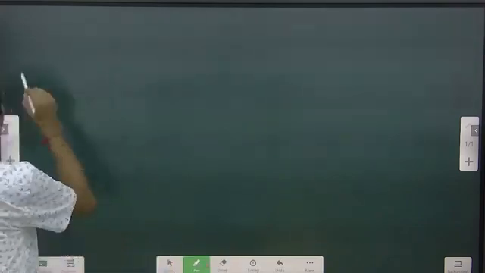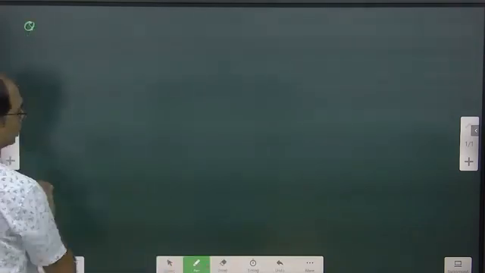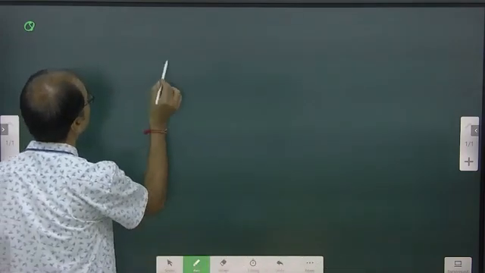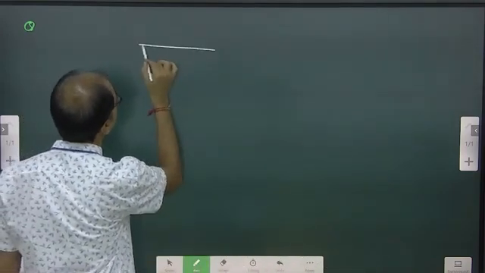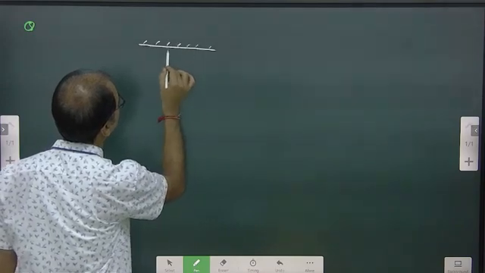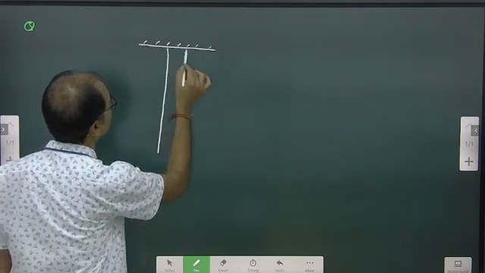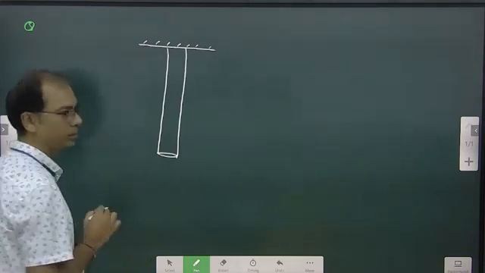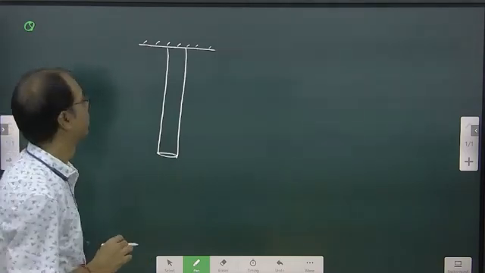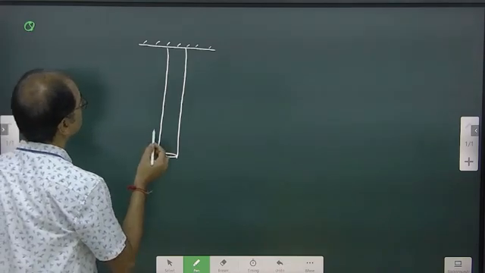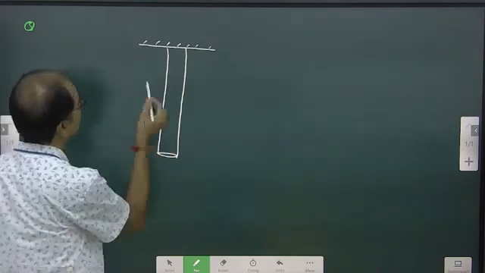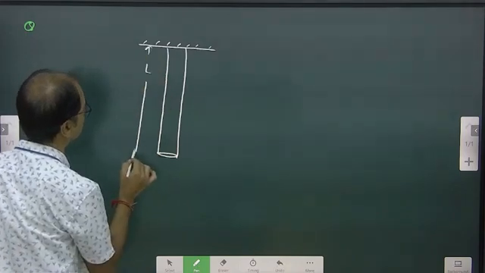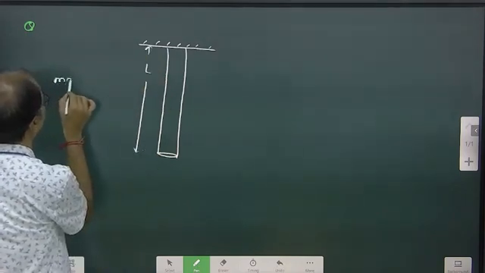Now suppose that I have a rope instead of a string. Now I have a rope. Its mass is m, length is L. Mass of rope is m.